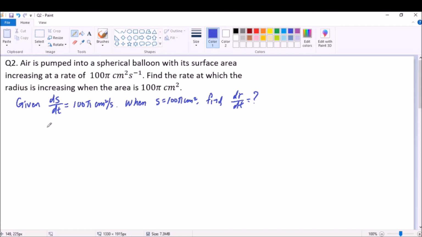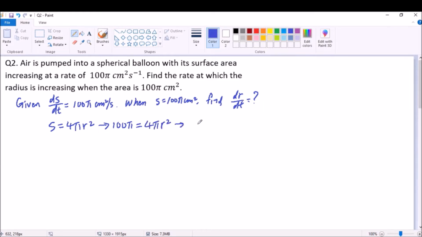We know that the surface area of a sphere has the formula S equals 4 pi r squared. So when the surface area is 100 pi cm squared, we can equate it to 4 pi r squared.